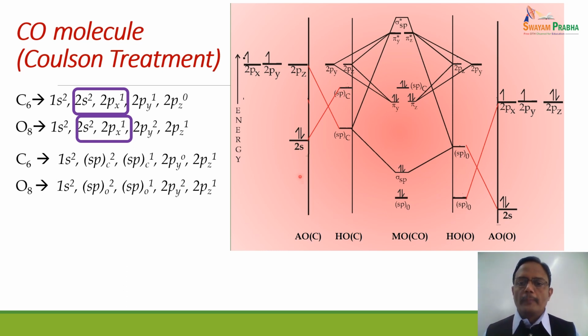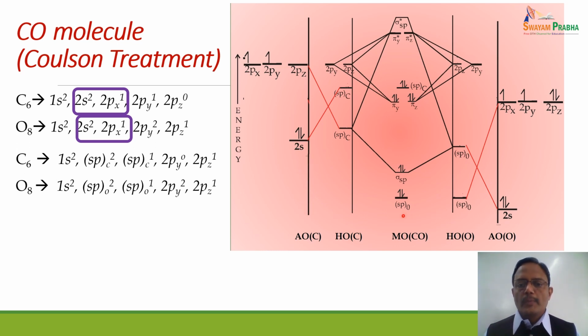Now if we observe the energies of these hybrid orbitals, we can see that this sp1 of carbon has a comparable energy to that of sp2 of oxygen, the higher energy orbital among the two hybrid orbitals, whereas sp1 of oxygen has no orbital of comparable energy in the carbon atom.